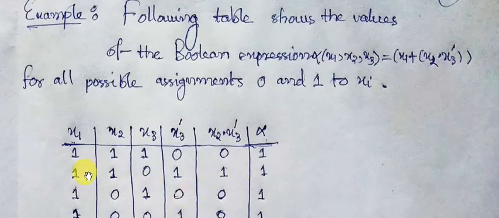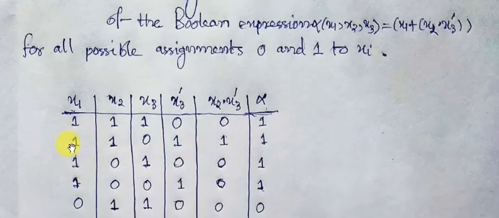In this second row we are assigning the value of x1 1, the value of x2 1, the value of x3 0. x3 complement, that is 0 complement, is equal to 1 from the complementation table. And here x2 into x3 complement, that means 1 into 1, from the multiplication table we know the product value 1 into 1 is equal to 1.